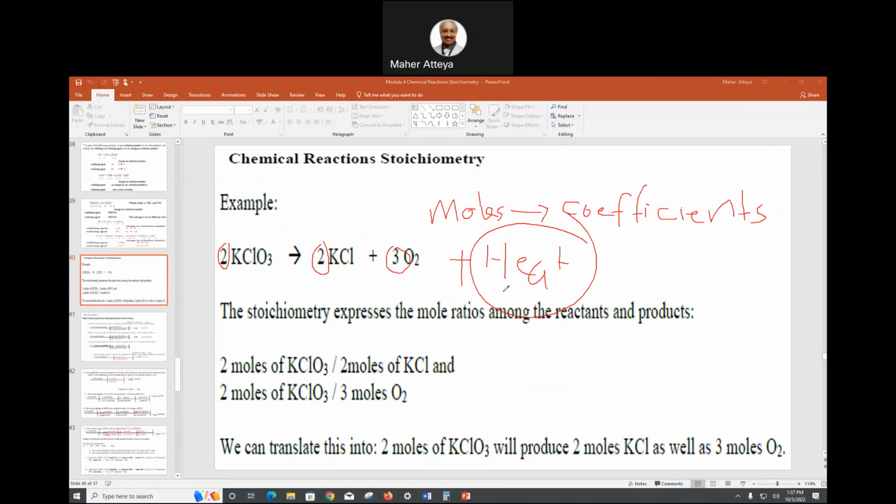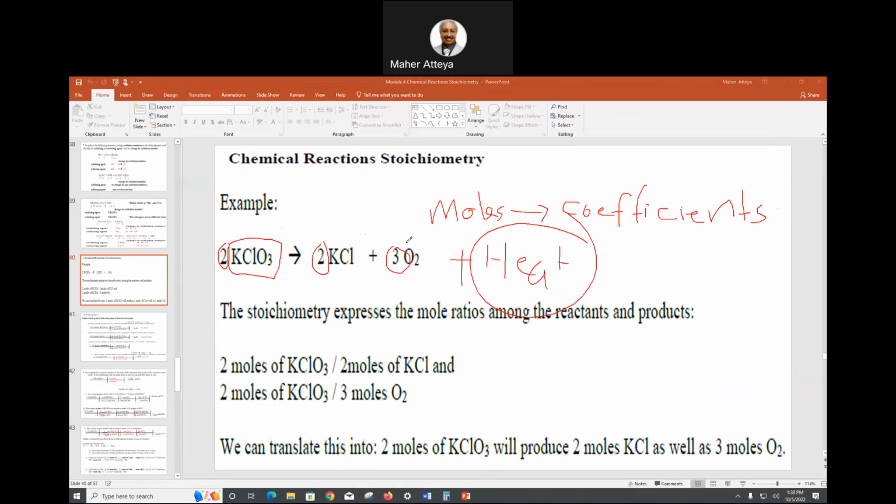So now, if I have 2 moles of, what's the name of this compound? It's not there, but what's the name of it? And where can we see it, where can we use it? This is called potassium chlorate. Where do we find it?